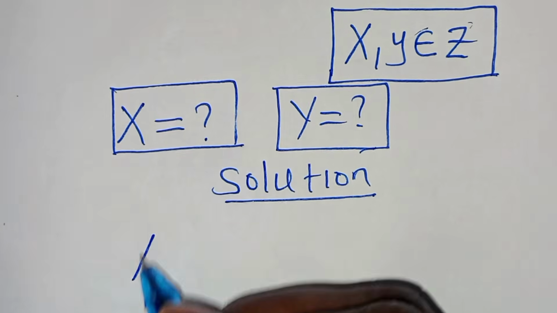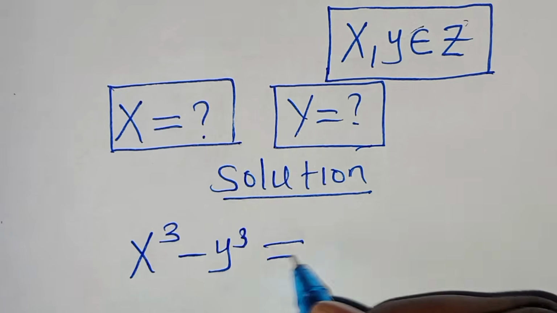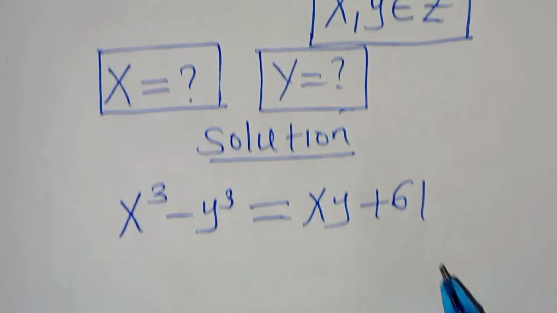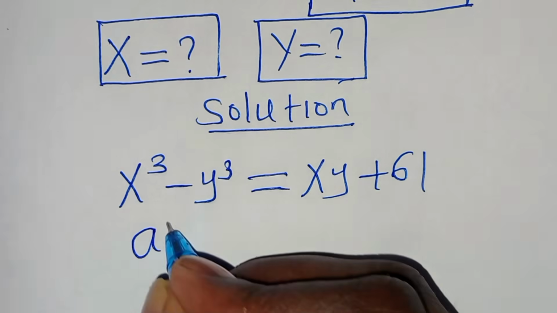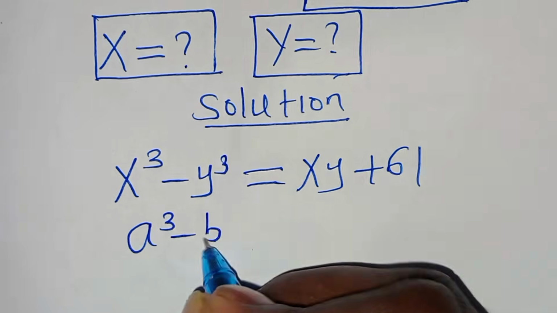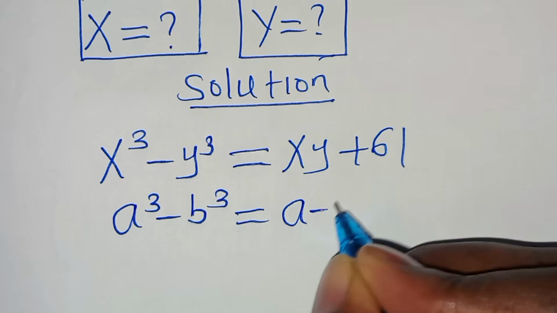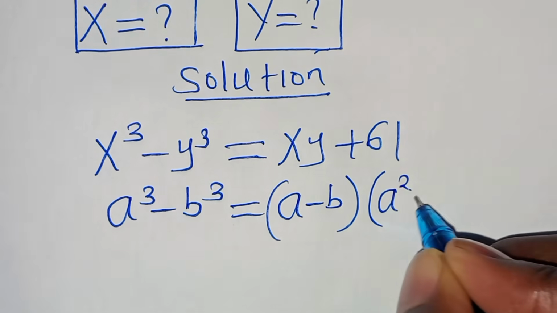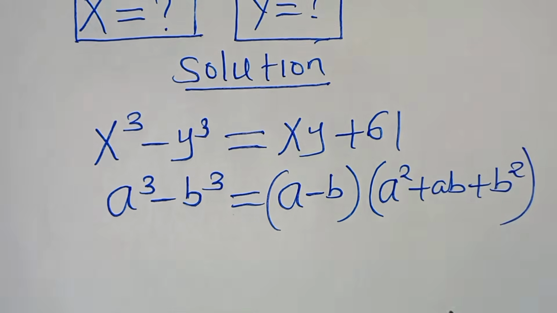We have x to the power of 3 minus y to the power of 3 equal to x times y plus 61. This is the difference of two cubes, expressed as a to the power of 3 minus b to the power of 3, which can be expressed as (a minus b) times (a to the power of 2 plus ab plus b to the power of 2).